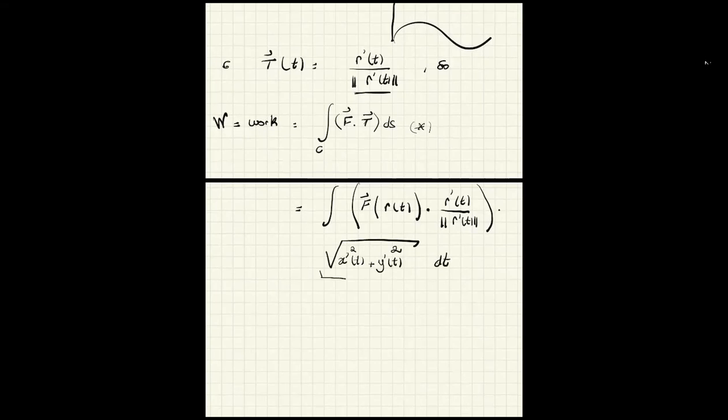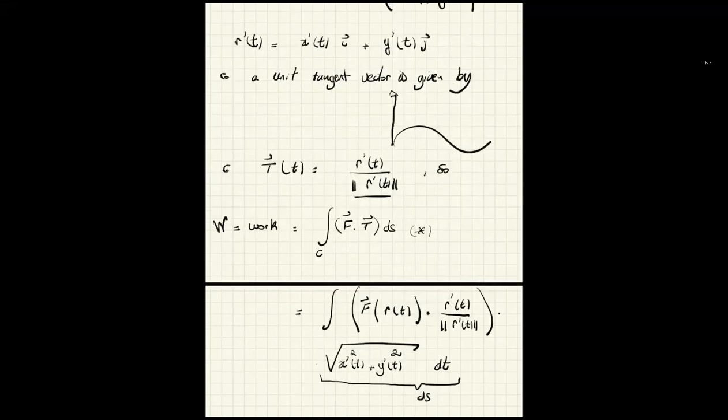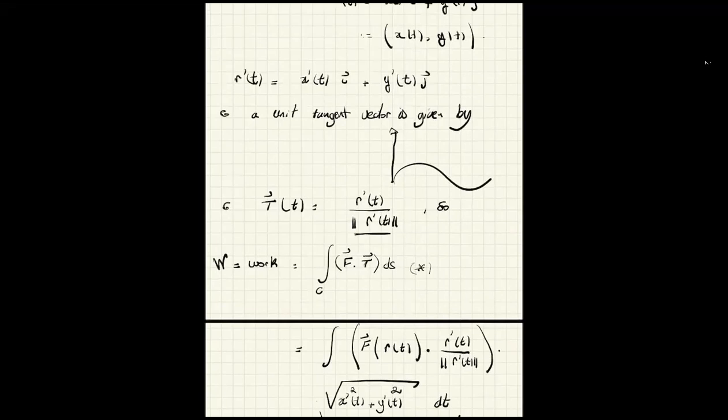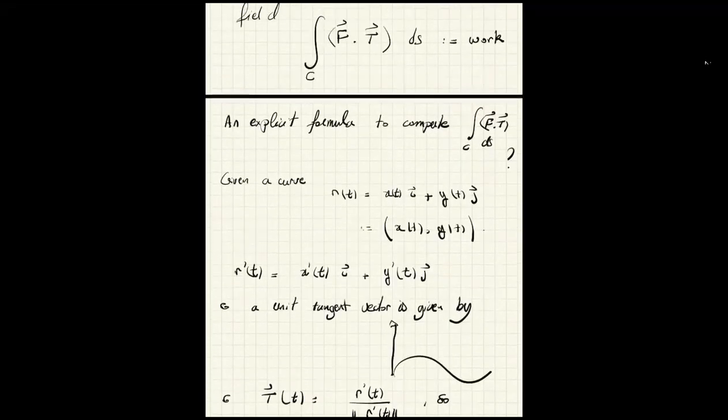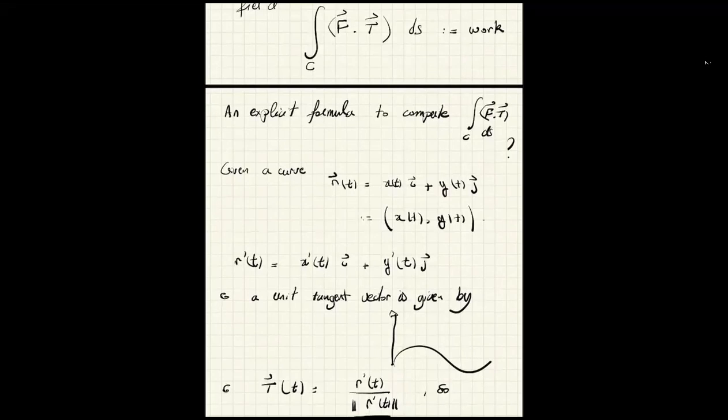Okay, so this is ds, and this is also the norm of the vector r'(t). I should actually, I'm sorry here, I would like you to put vectors here.